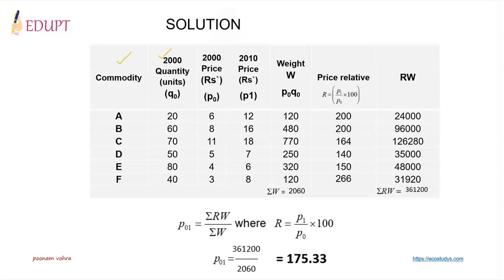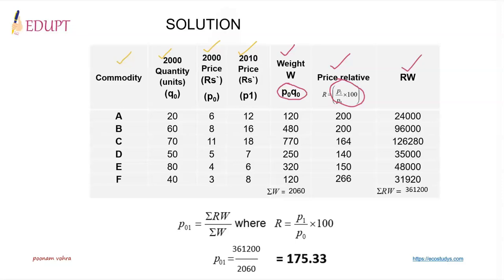Column 2, quantities sold in the base year 2000. Column 3, prices that prevail in the base year 2000. Column 4, prices that prevail in the current year, which is 2010. And then next column is about weights that you need to find, which is P0 Q0. Next column is on price relative that you need to find by taking into account P1 by P0 into 100 in each case. And last column you need to find, which is multiplication of price relative and weight.